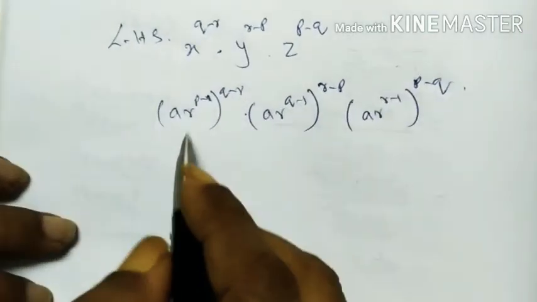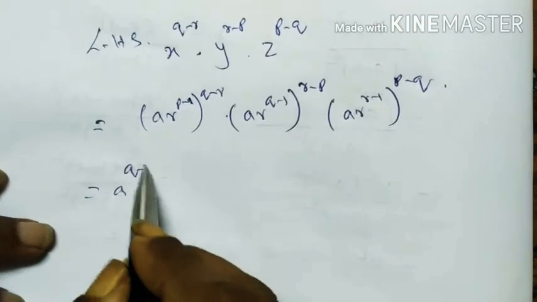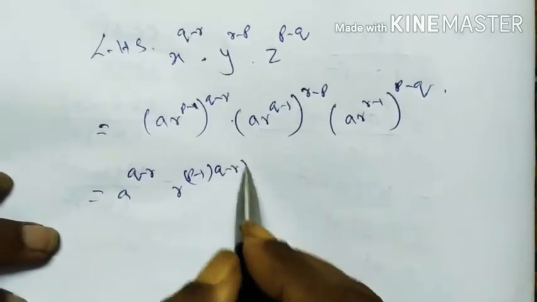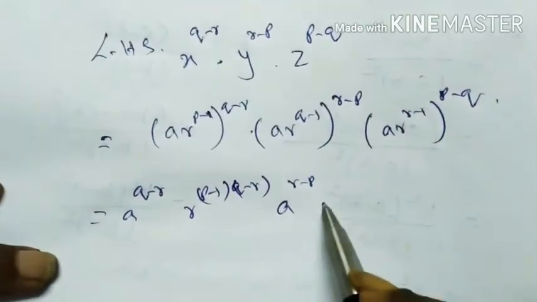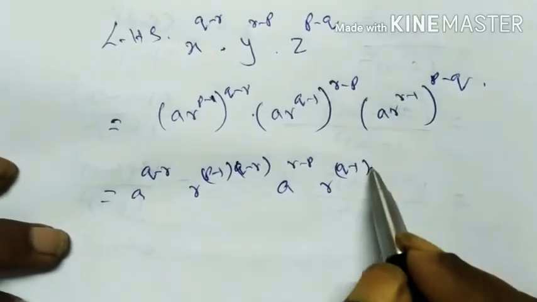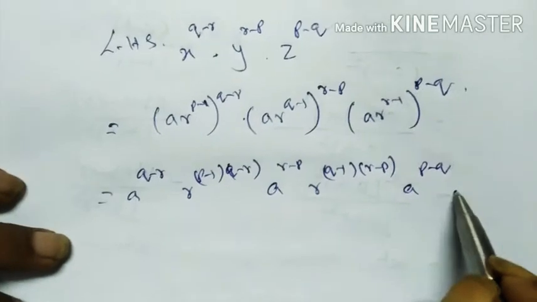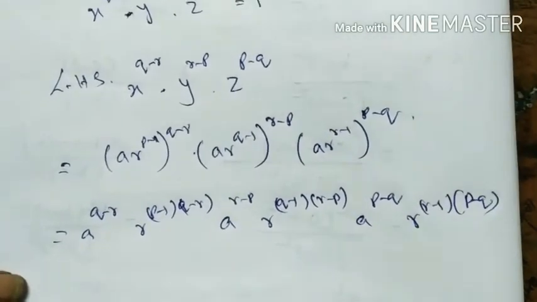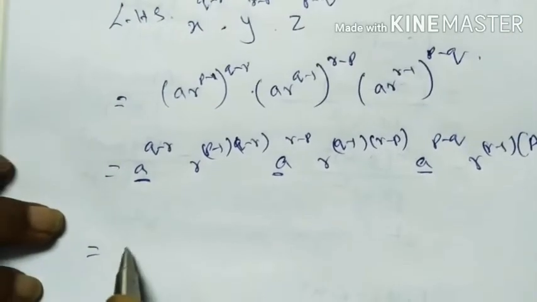Now see what I am going to do is that here this is equal to a to the power of q minus r, r to the power of p minus 1 into q minus r, and again a to the power of r minus p, r to the power of q minus 1 into r minus p, and a to the power of p minus q, r to the power of r minus 1 and p minus q. Now this is the same base, so the powers will add up according to the indices rule.